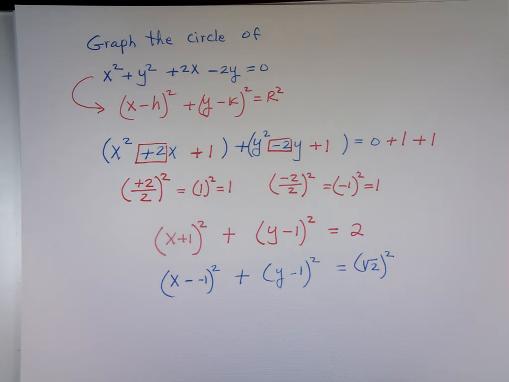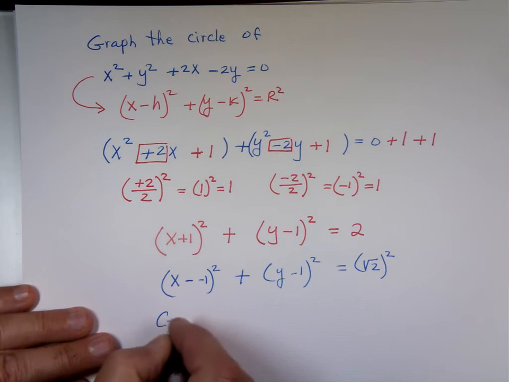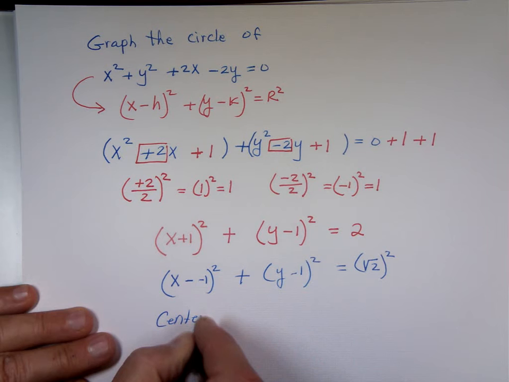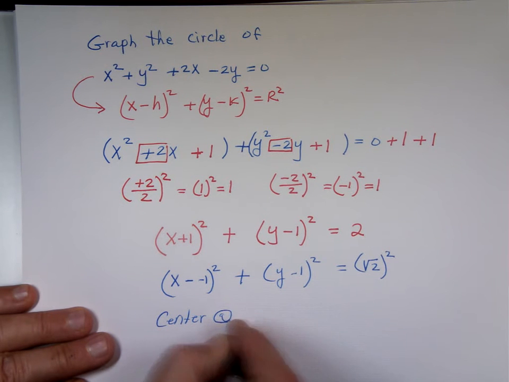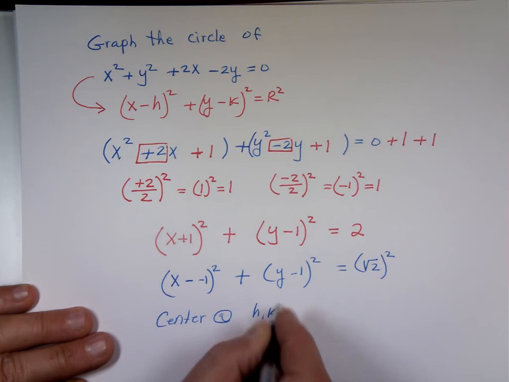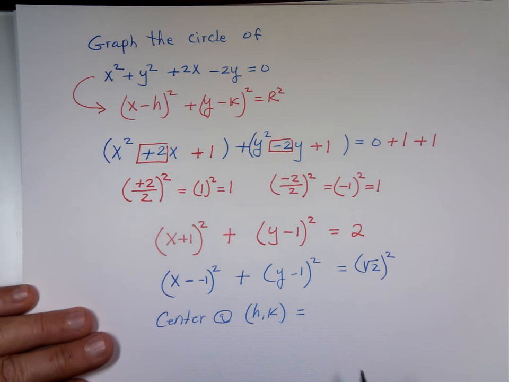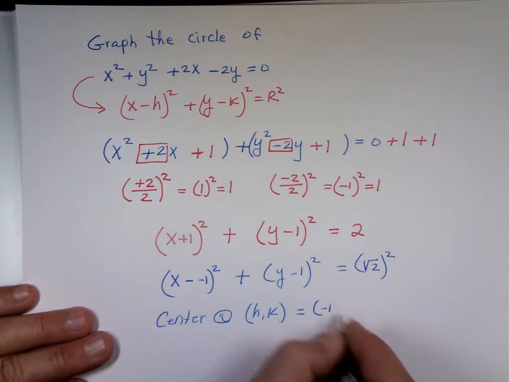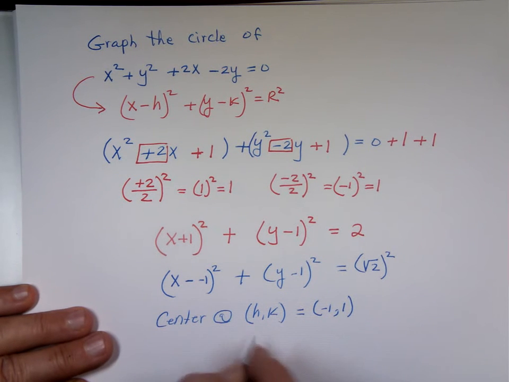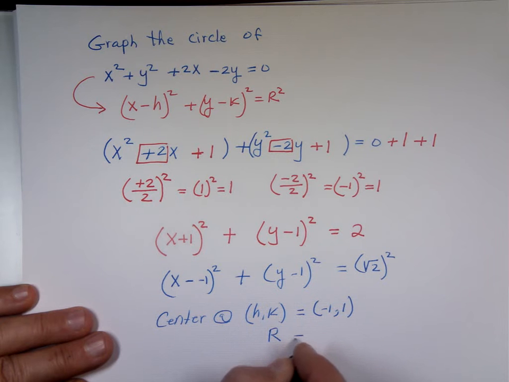So now I know where my center is. Where's my center? At h comma k. Which is what? What is h? -1. And what's k? -1. Try again. 1. Oh, 1. And what's the radius? Yep.